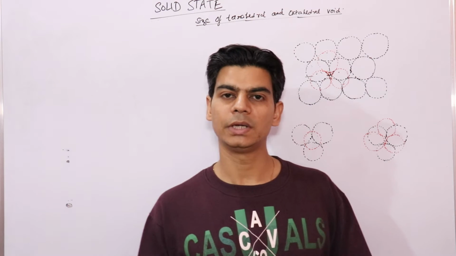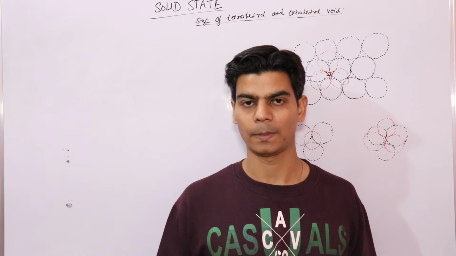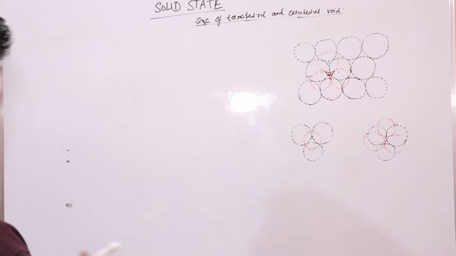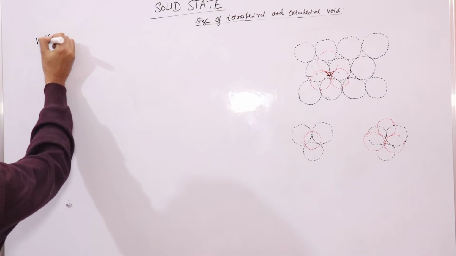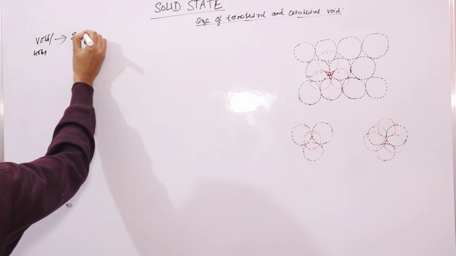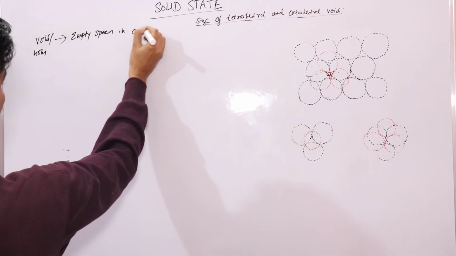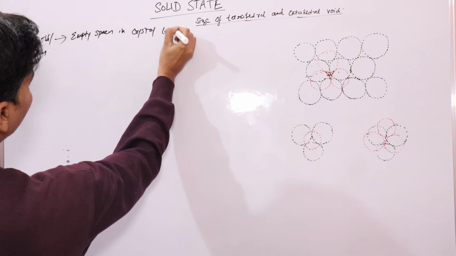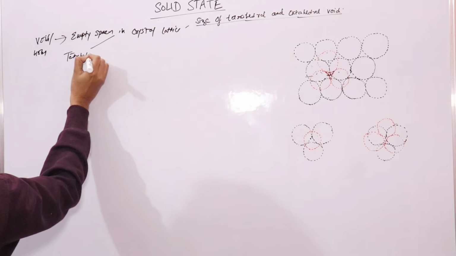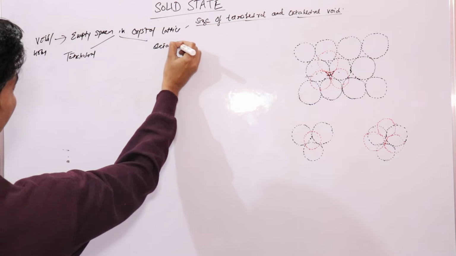And the other type of void is the octahedral void, which is surrounded by 6 particles or 6 spheres in the crystal lattice. We also call these holes. A void is an empty space in your crystal lattice. Then we have 2 types of voids. First is the tetrahedral void, the second is the octahedral void.